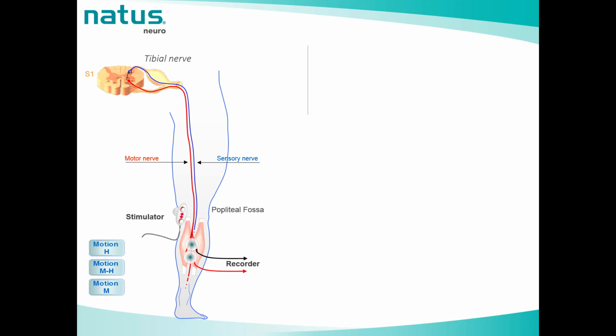We have here a mixed nerve with the sensory nerve and the motor nerve. At a very low level of stimulation, on the first stage, when we stimulate, only the sensory fibers are stimulated. In that case, the stimulation goes up to the spinal cord, makes the connection through the interneuron, and goes back into the muscle, eliciting an H response.